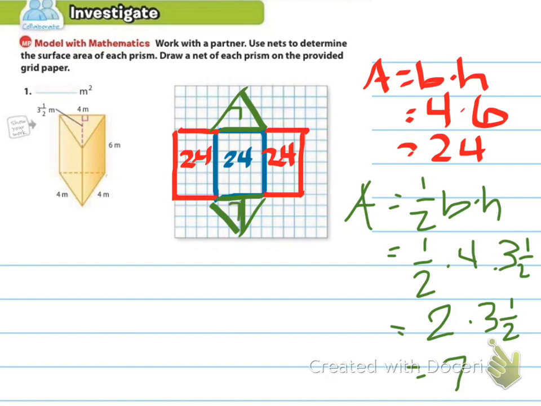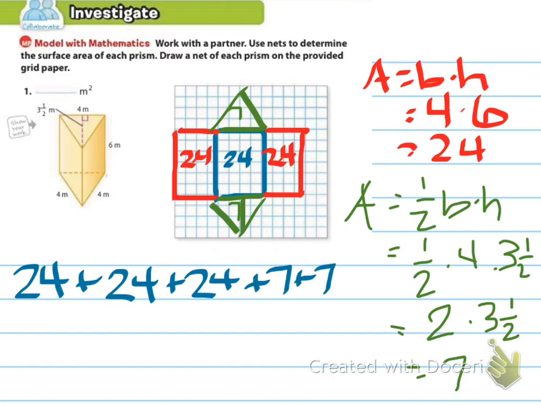Okay, so now to figure out what the surface area is of the entire thing, I'm going to add all these pieces together. I've got my 24 plus 24 plus 24 plus 7 plus 7. So 24, I'm just going to combine.